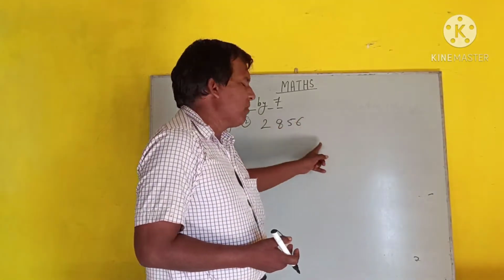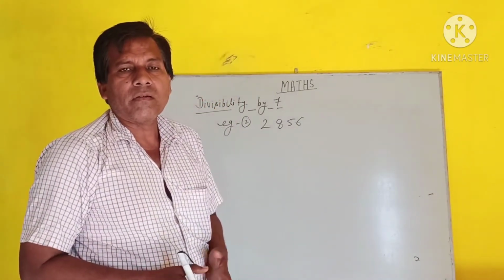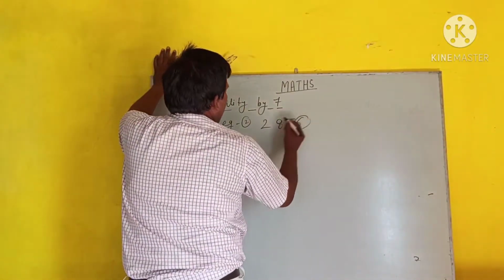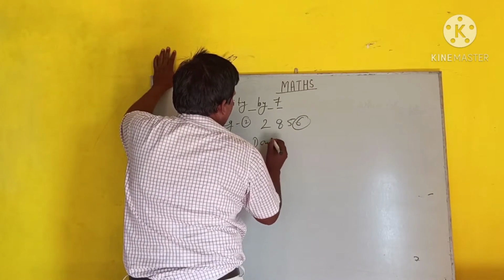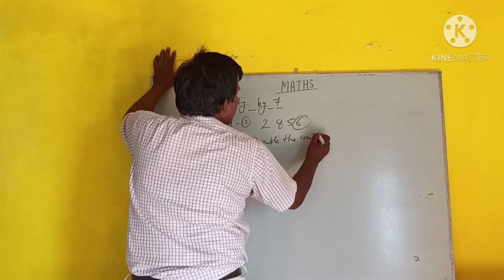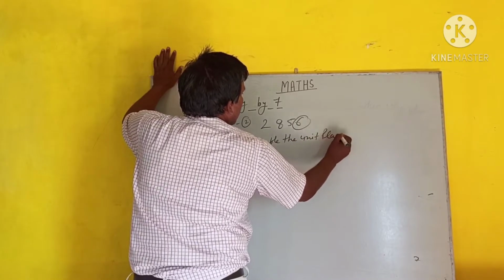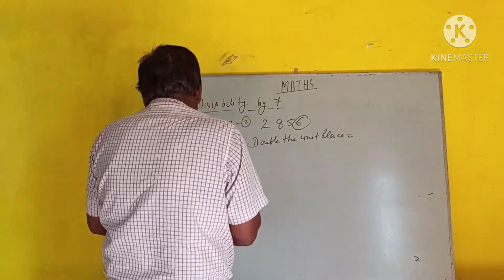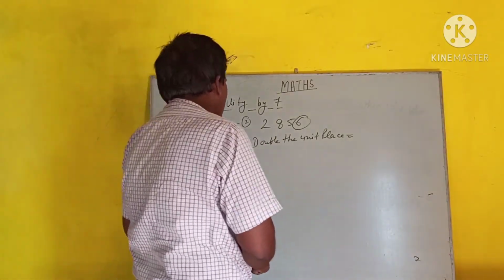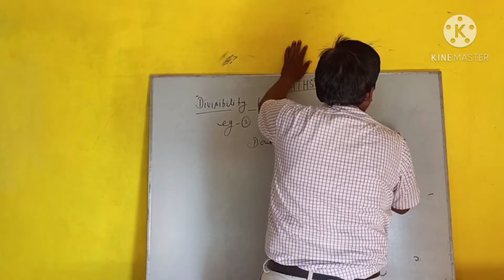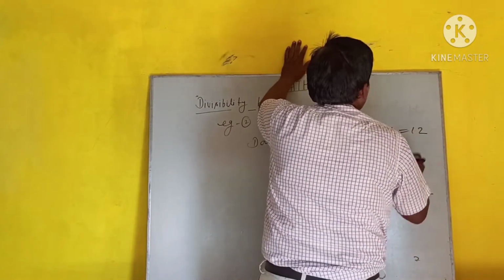Unit place is 6. Double the unit place. 6 multiply by 2. 6 2 are 12.